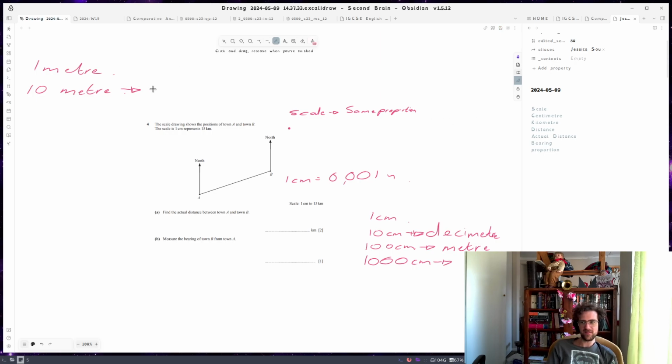This isn't actually technically part of the curriculum to know this, but this is a life hack, which gives you the background knowledge, so if you can't remember how to convert from centimeters to kilometers, you can just work it out. So 10 meters is going to be a decameter.